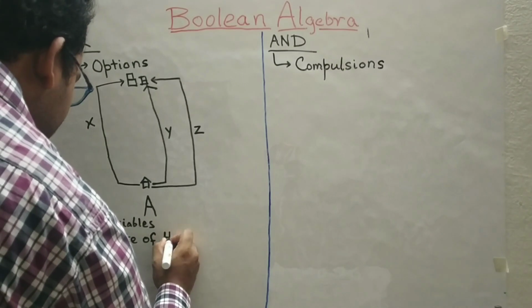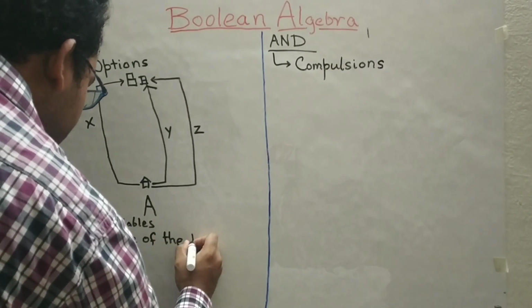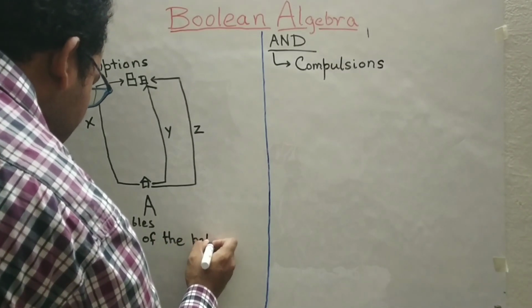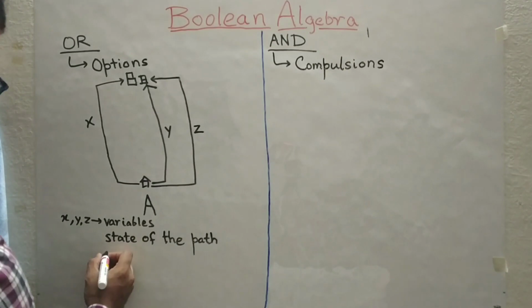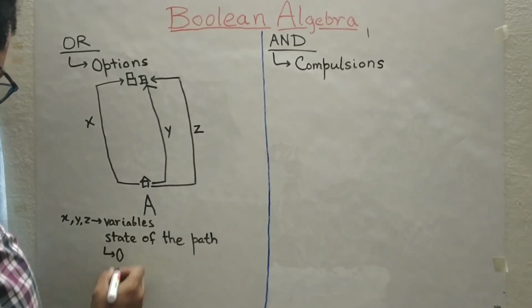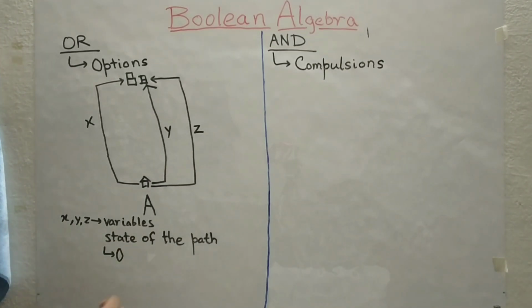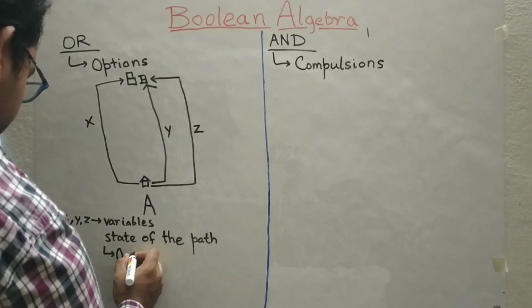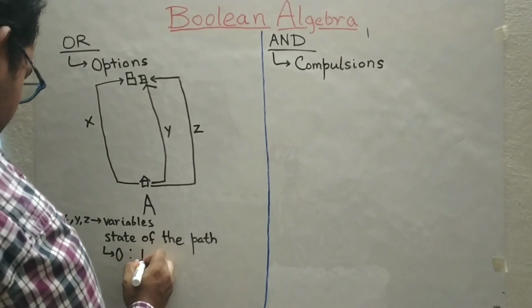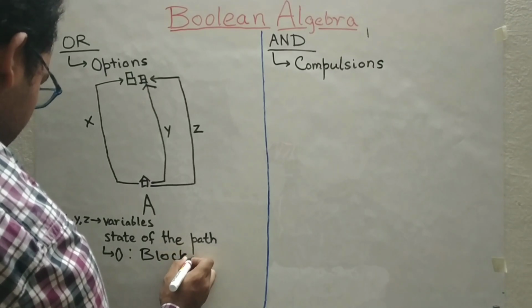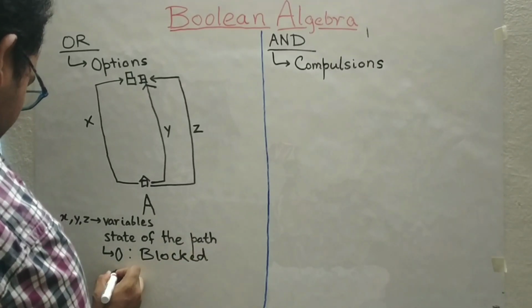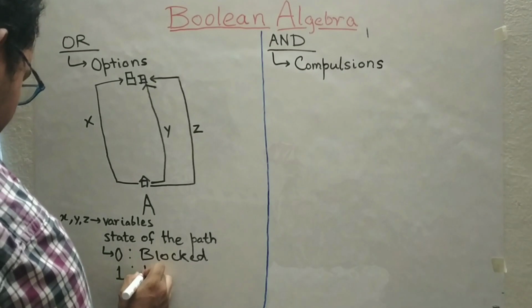Now what state am I talking about? I am talking about whether the path is free or blocked. There are only two states possible. 0 stands for the path is blocked. And 1 stands for the path is free.